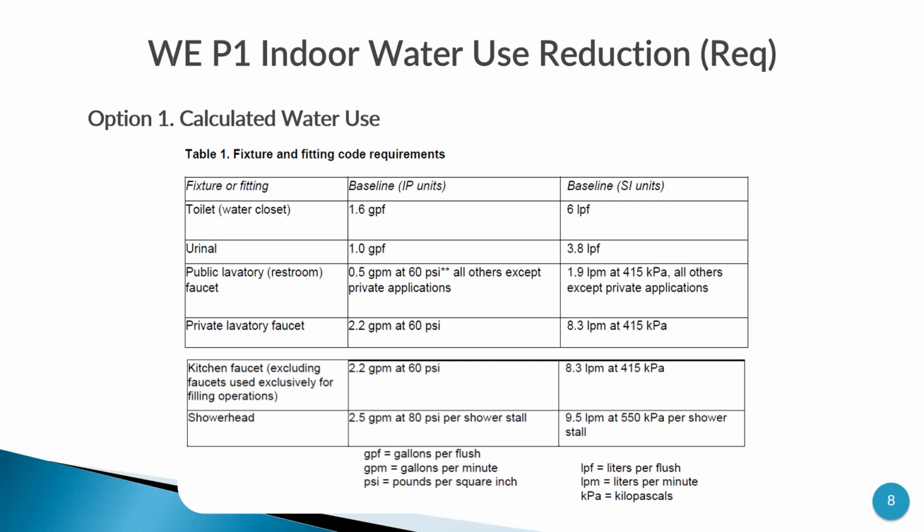Public lavatory faucet, 0.5 GPM at 60 psi, baseline is 1.9 liters per minute. Private lavatory faucet, 2.2 gallons per minute or 8.3 liters per minute. Kitchen faucet, 2.2 gallons per minute or 8.3 liters per minute. Shower head is 2.5 gallons per minute and 9.5 liters per minute.